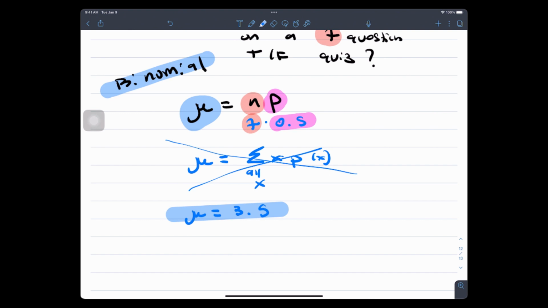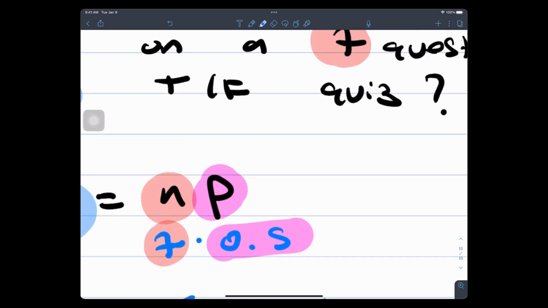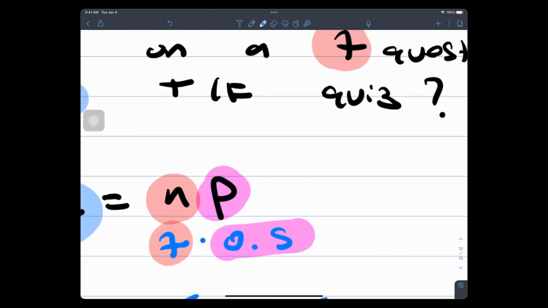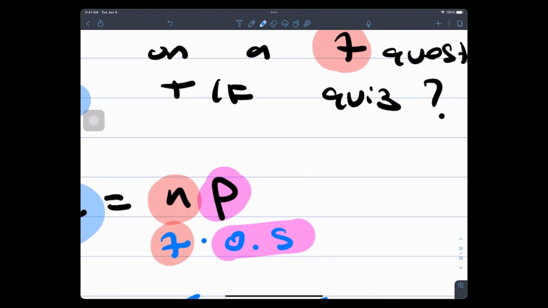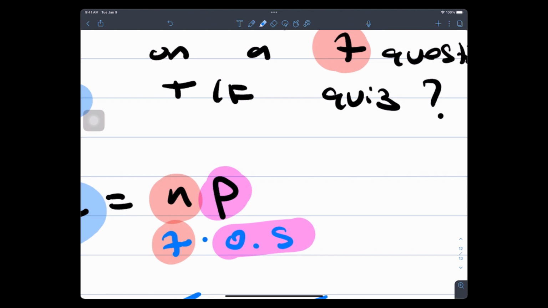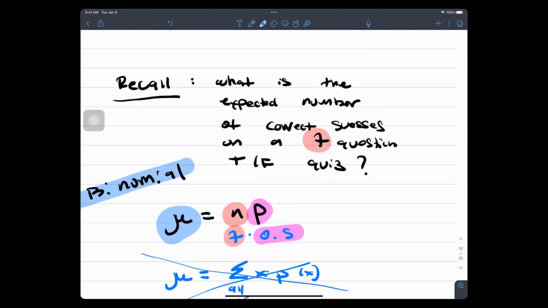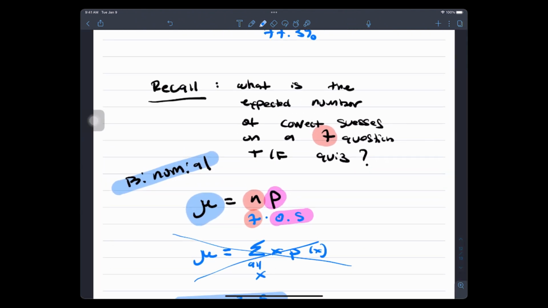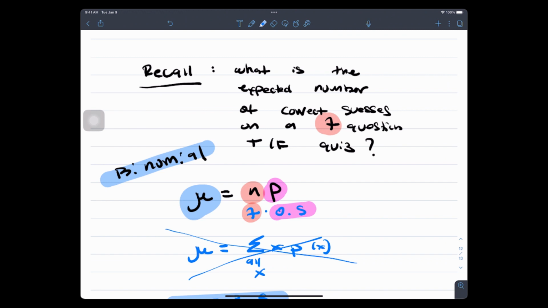True-false quiz. Because that's what this is. So what if you took that same quiz, but you got less than 3.5 questions correct? Like, let's say you got 2. What does that mean? It means you would have done better if you just guessed.